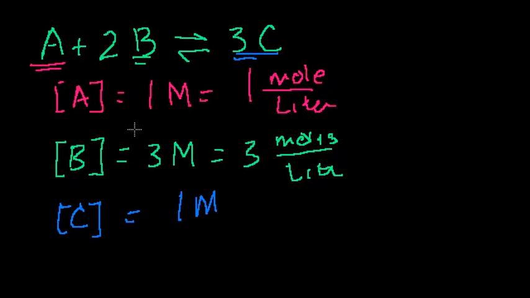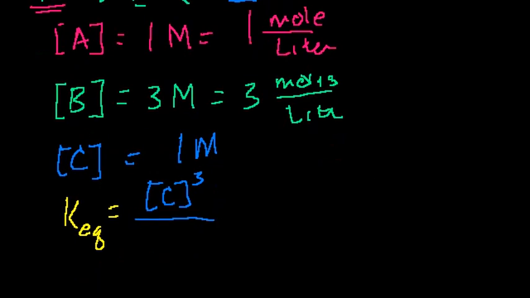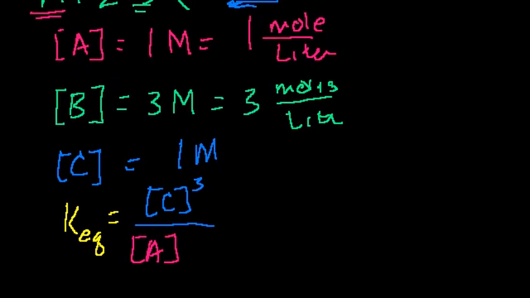So if we wanted to calculate the equilibrium constant for this reaction, we just take the concentration of C. The equilibrium constant is equal to the concentration of C to the third power, divided by the concentration of A to the first power, because there's only 1 mole of A for every 3 of C and 2 of B, times the concentration of B to the third power.